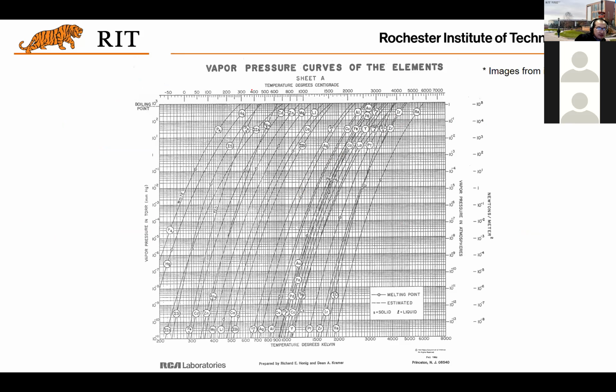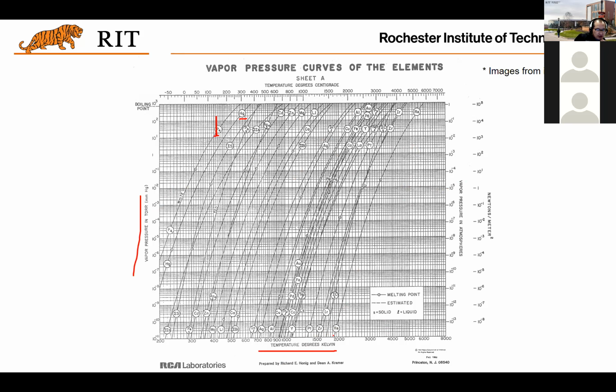And here you can see these are the different elements. The horizontal axis is the temperature, and the vertical one is the vapor pressure in torr. Basically, given a torr value and temperature, and also given certain elements, you can find a dot, right?